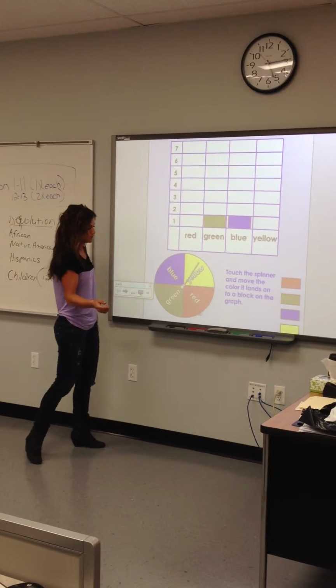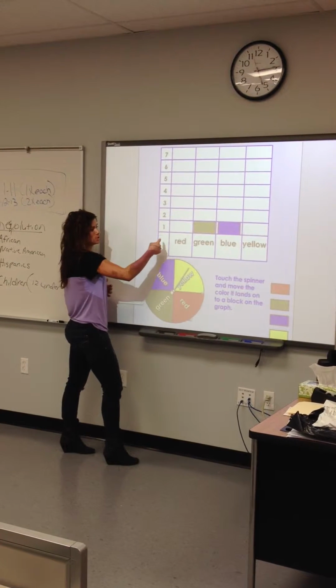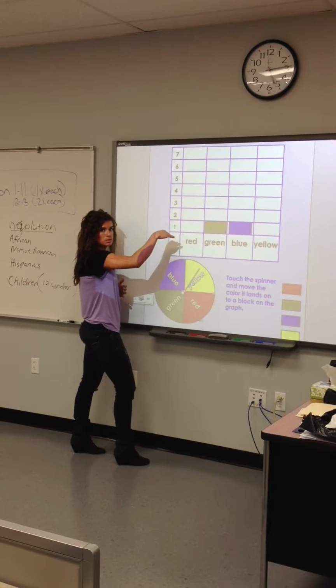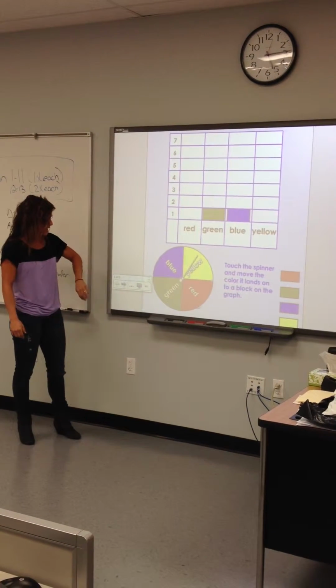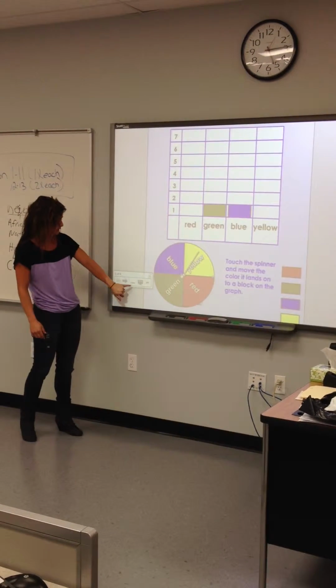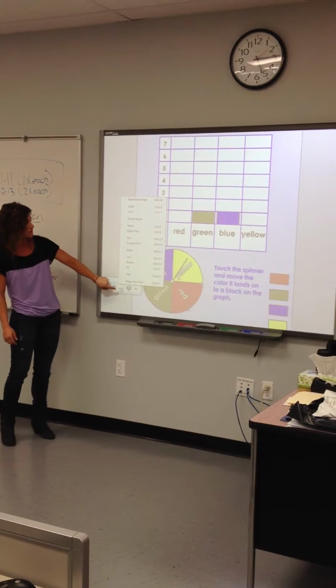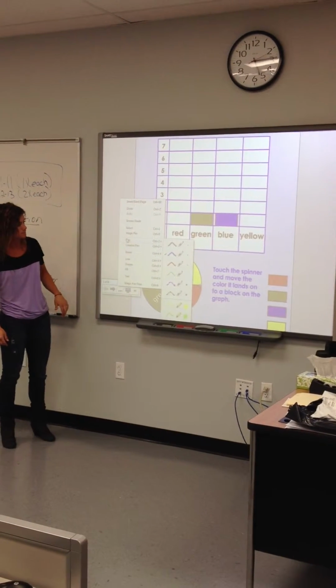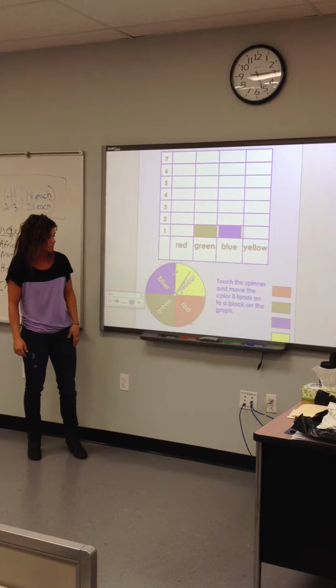And then I would also call a volunteer student up to select a pin and circle which color had the most blocks in its square. In order to choose a pin, you would come down here to the options. It's got the dots. You would select pin. You can select which color of pin you want. We'll choose the red one.